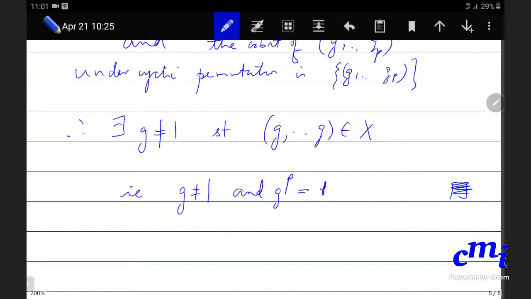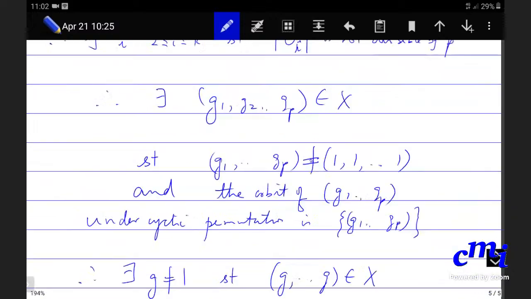So this is a direct application of the orbit stabilizer lemma, from which we concluded that the orbit size has to divide the order of the group, and then just using the fact that the orbits form a partition of the set, so that the orbit sizes must add up to the size of the set. And one orbit is a singleton, and the size of the set is divisible by p. Therefore, there must be another orbit which is also not divisible by p. But in this situation, not divisible by p forces it to be a singleton.